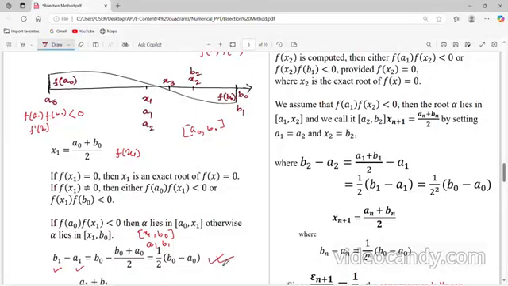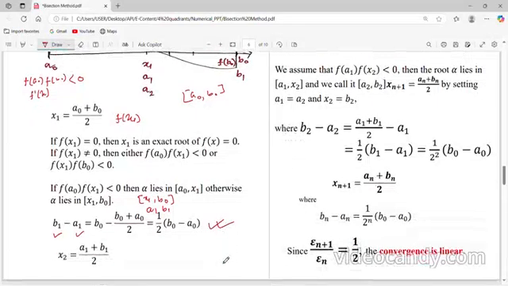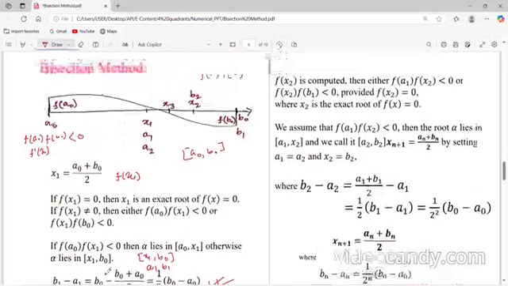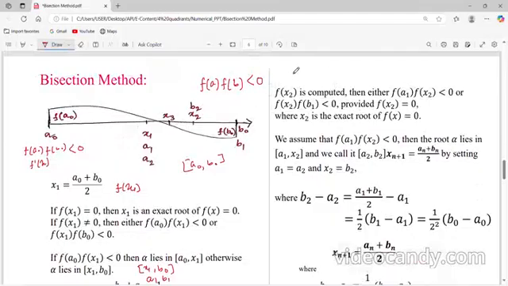Now we take x2 = (a1 + b1)/2, and again f(x2) is calculated. So x2 lies either between a1 and x2, or x2 and b1.